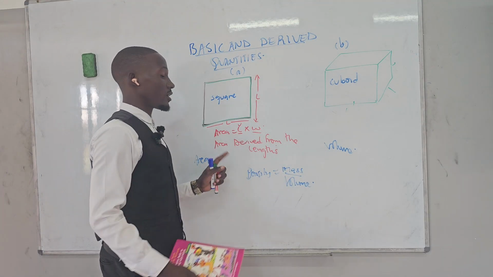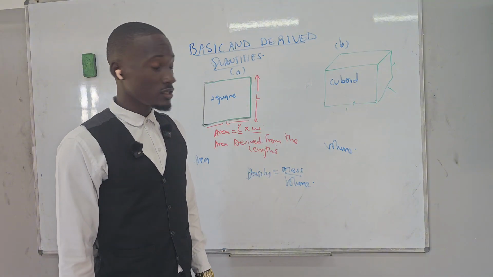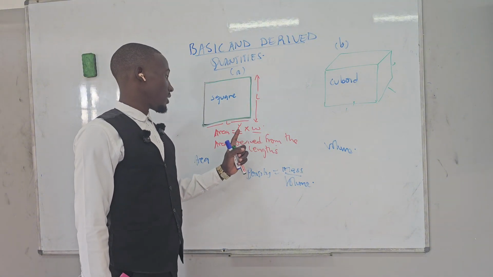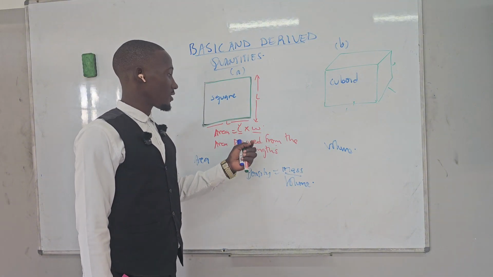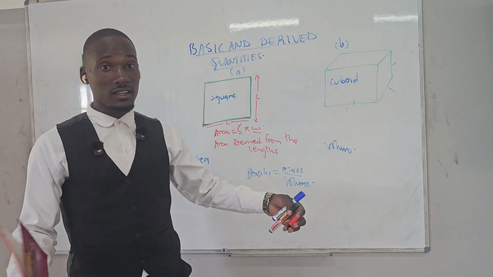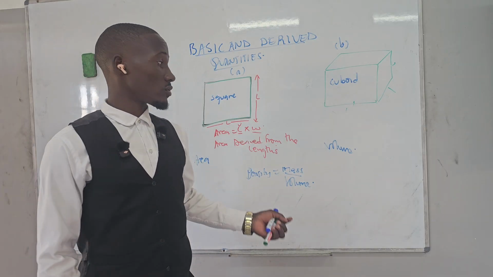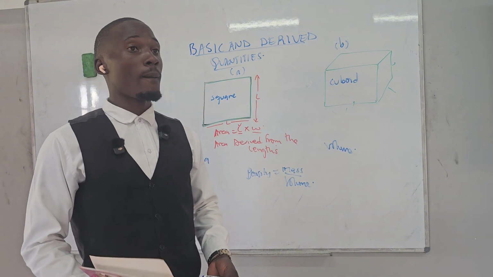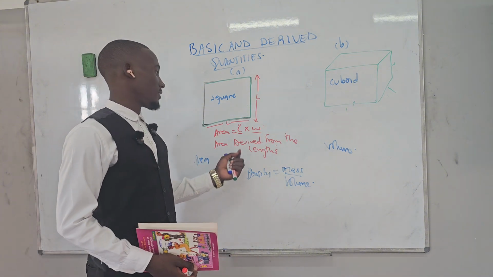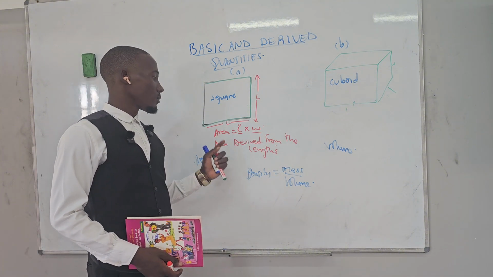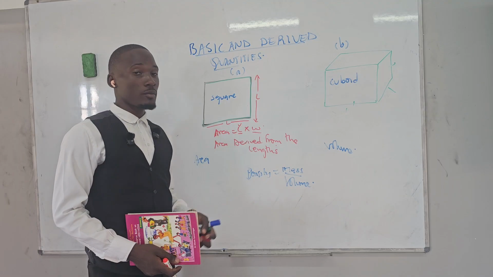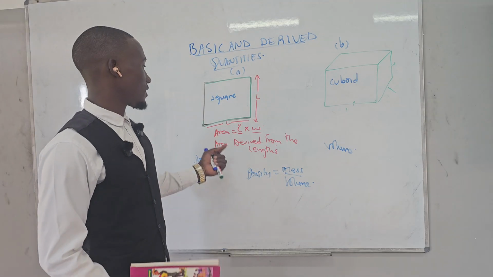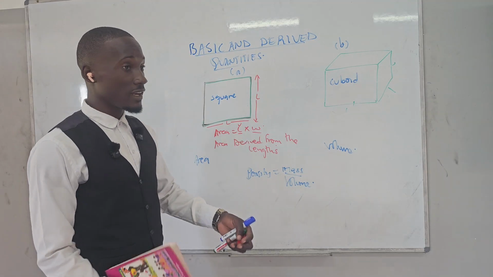So the area becomes a derived quantity, and the length and the width is actually a length, it's a distance. So it is also a length. We treat it as a fundamental quantity called the length. So these are the fundamental quantities. You can see that the area is coming from a length.